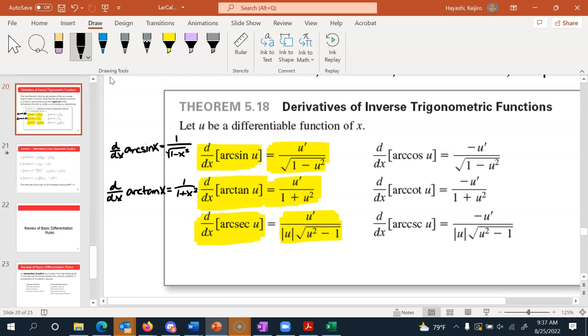Right, so these just use u instead of x, and as a result, because u can be something else, they have a u prime multiplied onto them for the chain rule.